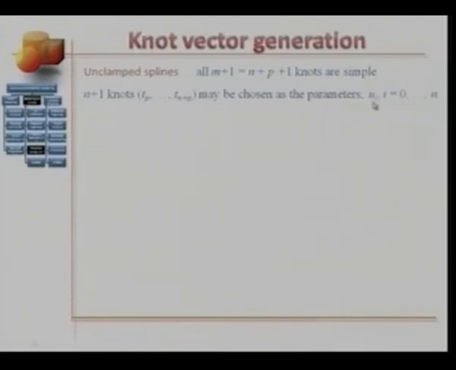These U of i can either be uniform or they can be computed using chord length or centripetal parameterization. Well, how about the remaining first p knots? We can choose these knots T0, T1 up till Tp minus 1 freely.